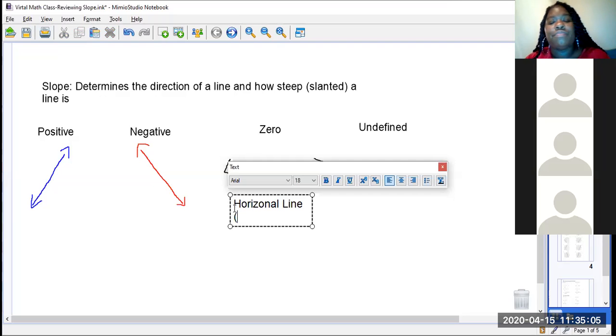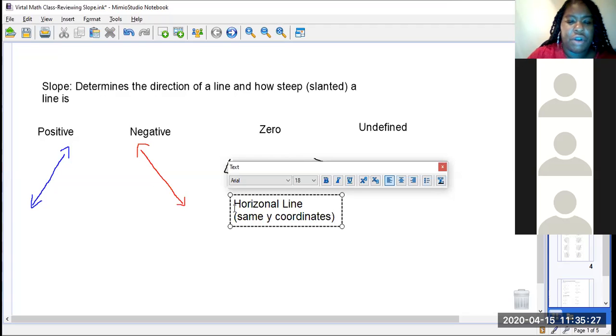Because if you think about it, a horizon goes from left to right. If you ever see a vertical horizon, you need to run, because that's not what that is. Ain't no such thing. But nonetheless, a horizontal line, when it comes to slope, you have the same y coordinates, and we're going to get into that momentarily.